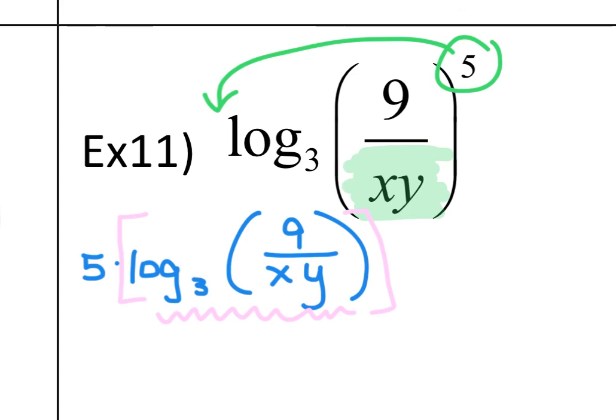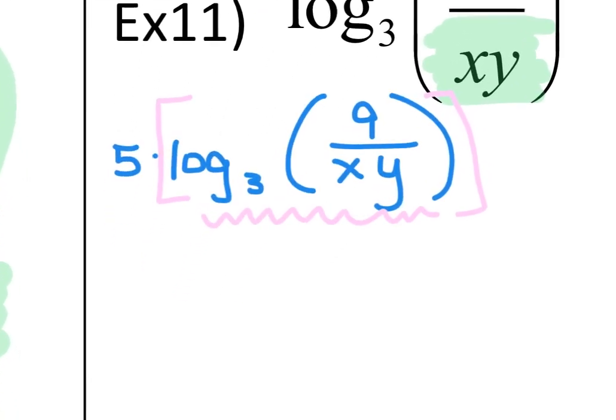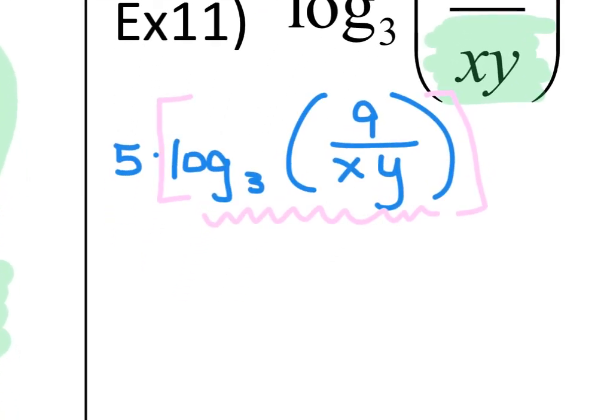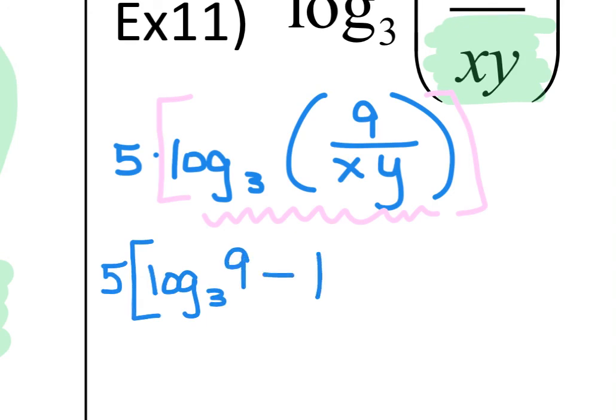But mentally set it aside, and work just on what's inside the pink brackets here. Start with the fact that you've got this fraction. So I'm going to write the 5 and then times, and then look at the fraction. So it's log base 3 of 9 minus log base 3 of xy.